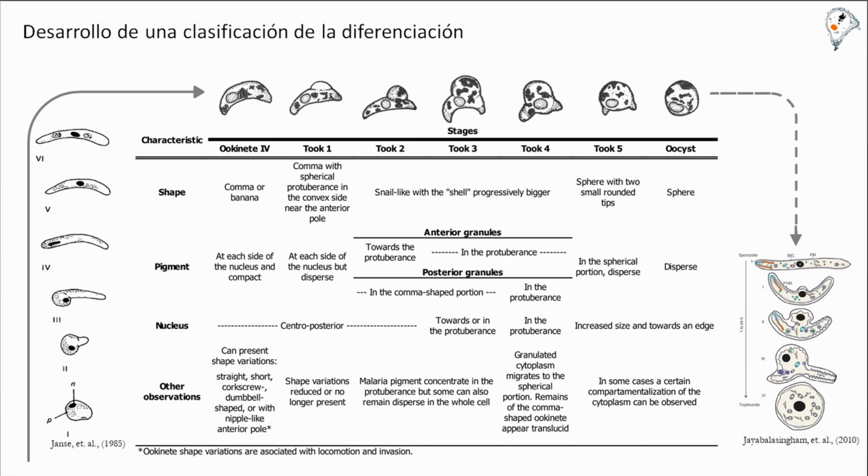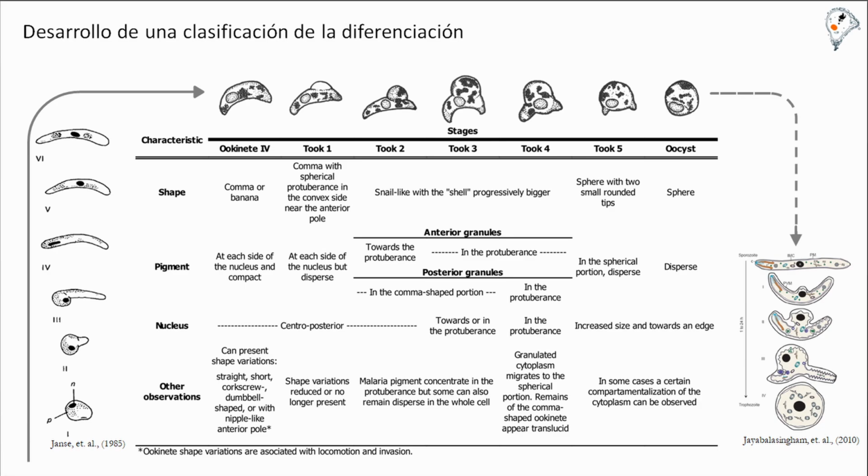Within an hour, the zygote starts differentiating into this ookinete that migrates out of the blood bolus to invade the mosquito epithelium. So these drawings, this description, was made by Janse and co-workers in 1985.